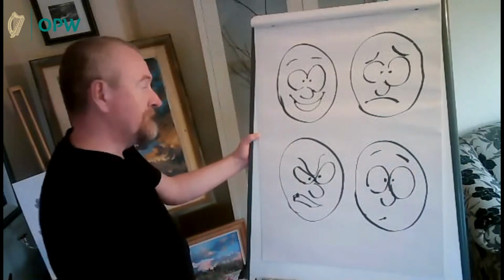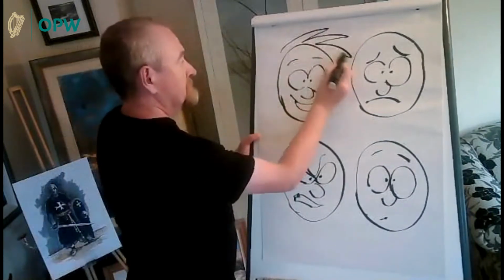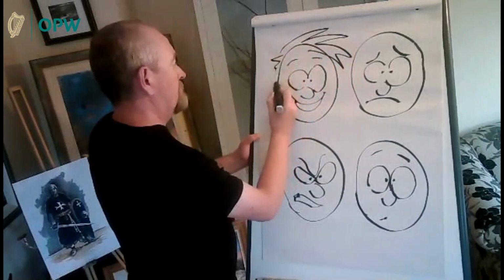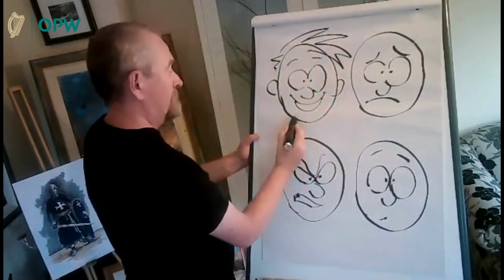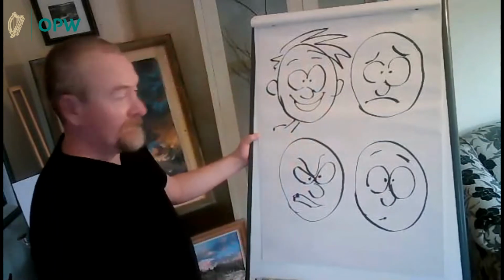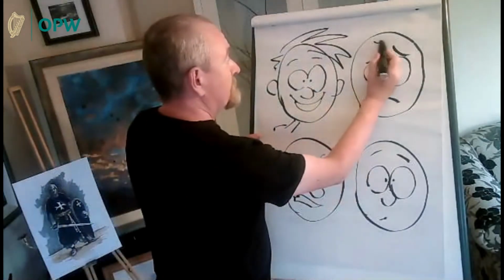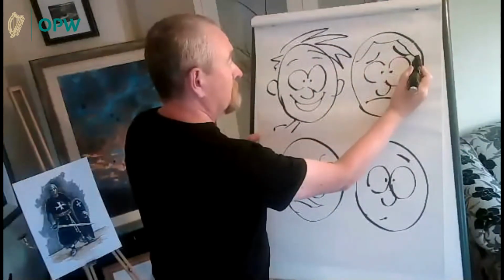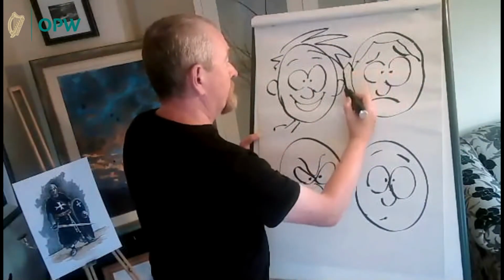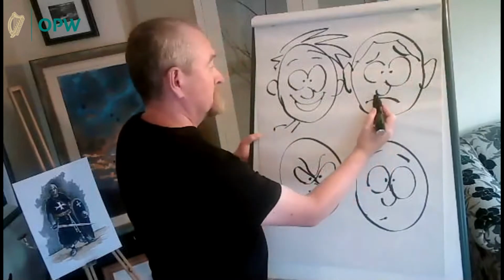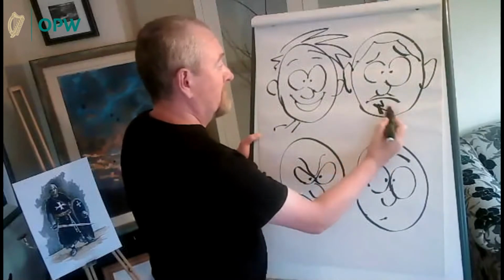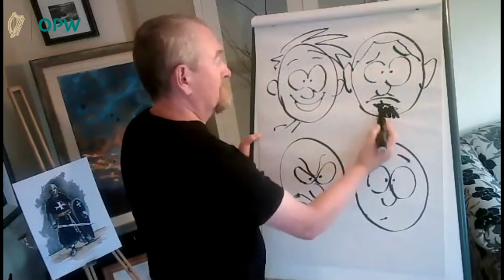If you want to develop these a bit more, from this very basic shape, you can just give them a bit of hair, ears, neck, happy man. Give him hair like mine, ears like mine, I don't know, beard. Very sad.